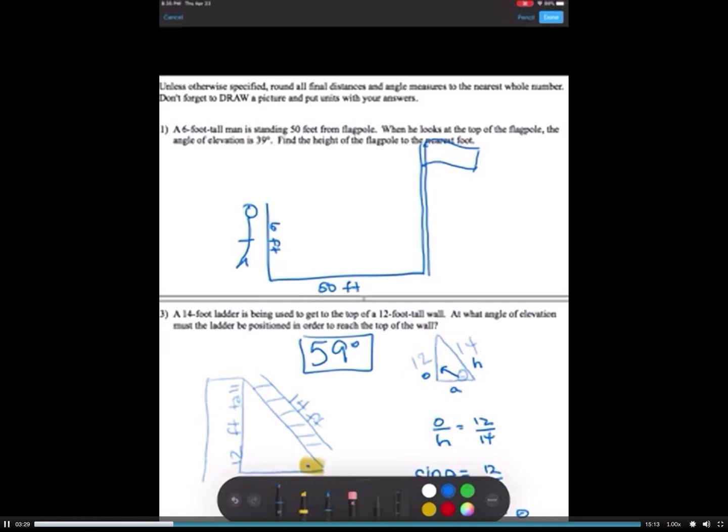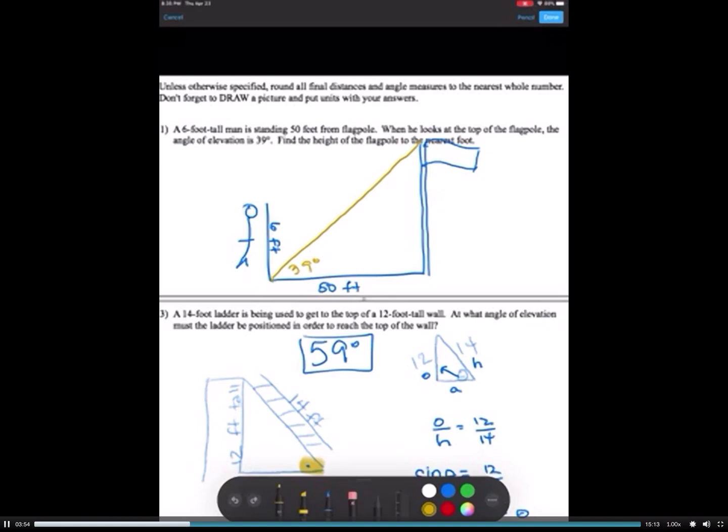Okay, when he looks at the top of the flagpole, the angle of elevation is 39. So the question I have for you is, is this the triangle that I'm talking about? Is this the angle that's 39 degrees? When the man is looking at the top of the flagpole, is this where he's looking from?